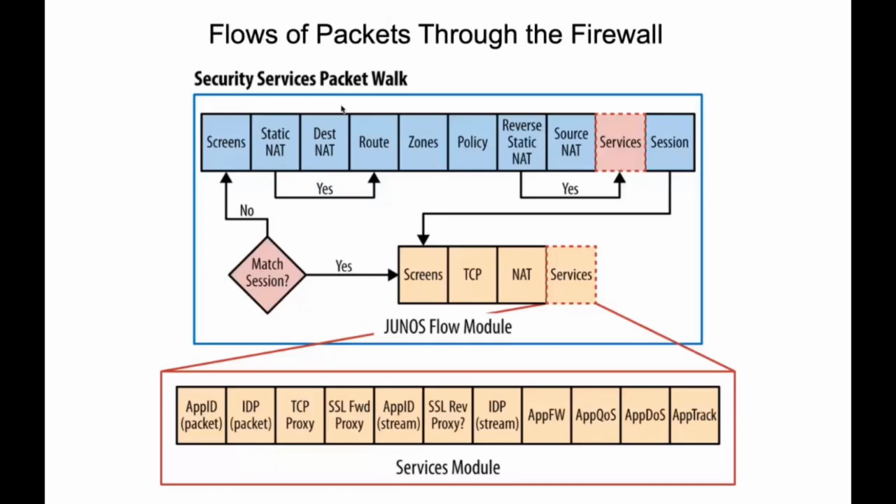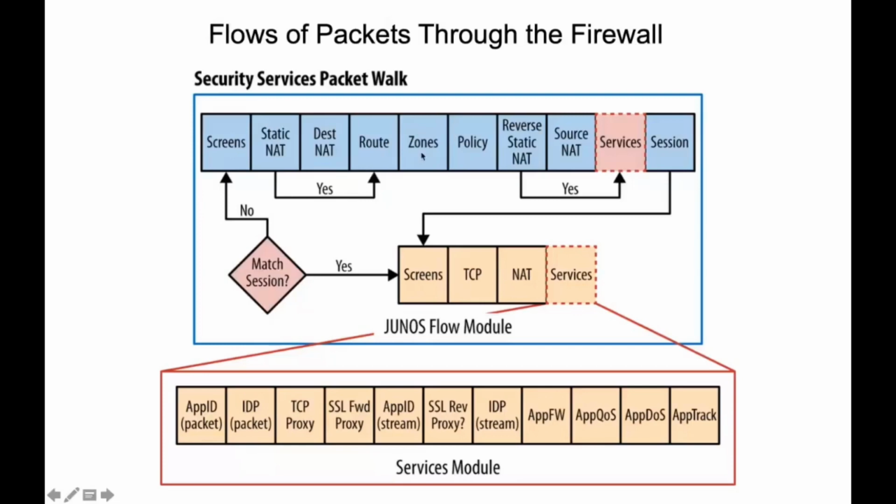So when we perform the destination NAT translation, if there is a rule to do that, we're going to check our routing table and determine what our egress interface will be.